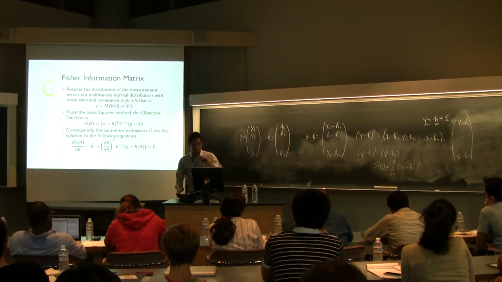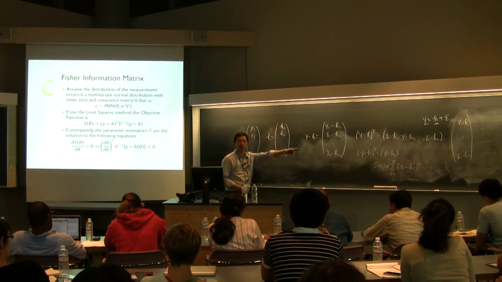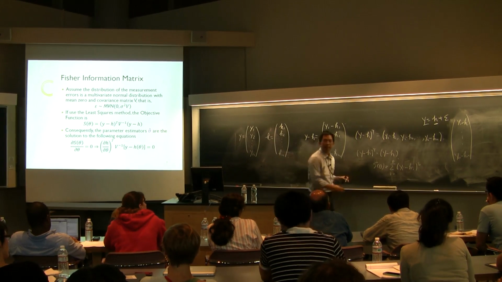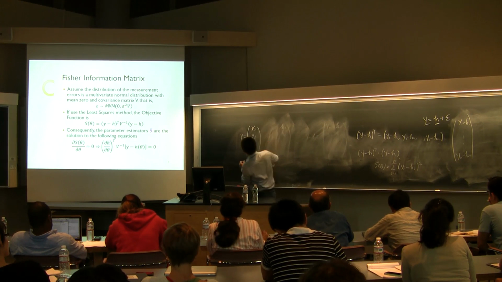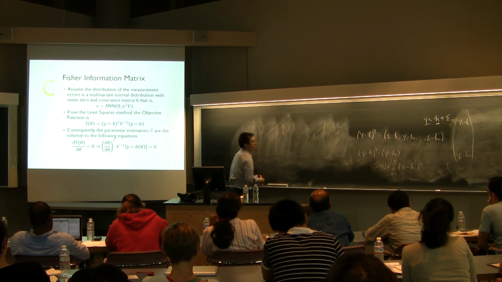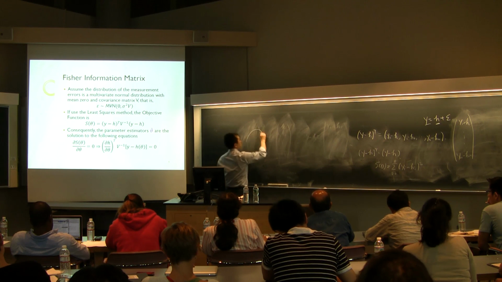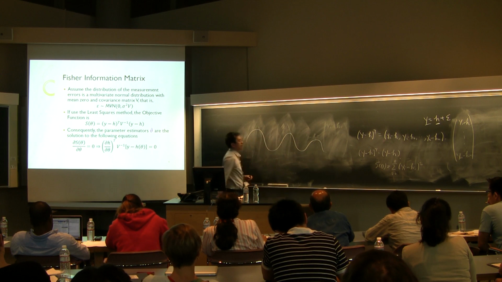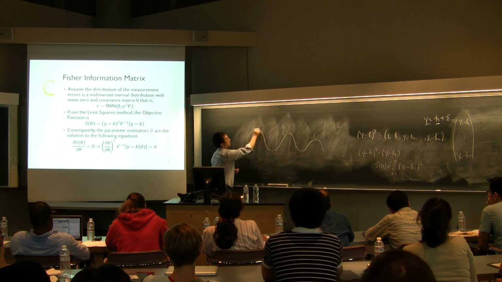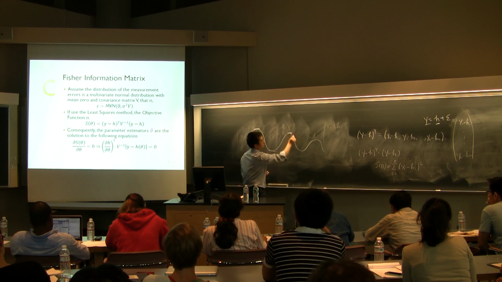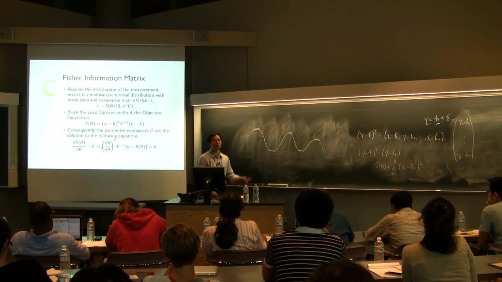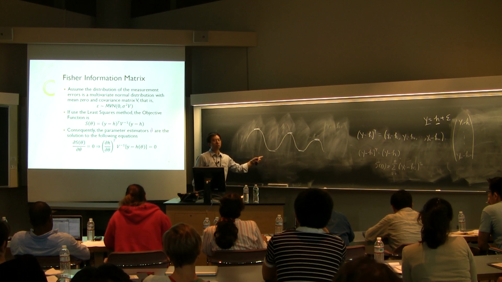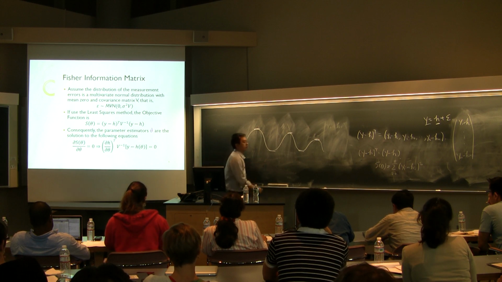So now we want to minimize this objective function, right? And remember, one of the students asked a question. At these places, that's all the local minima or maxima, the slope is 0, right?